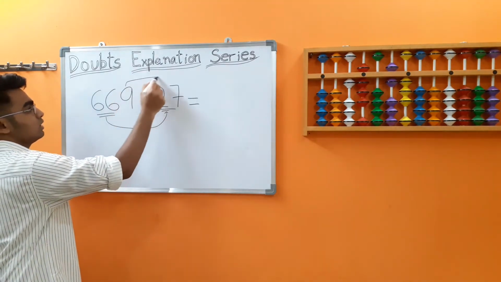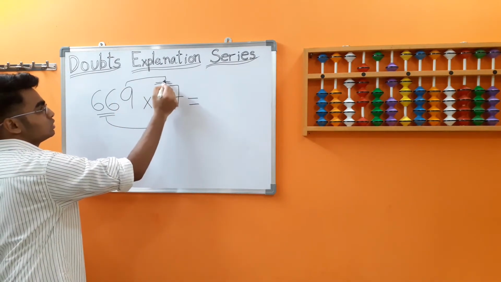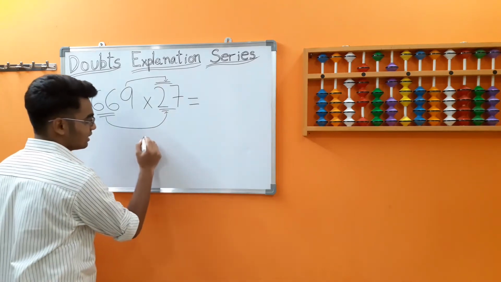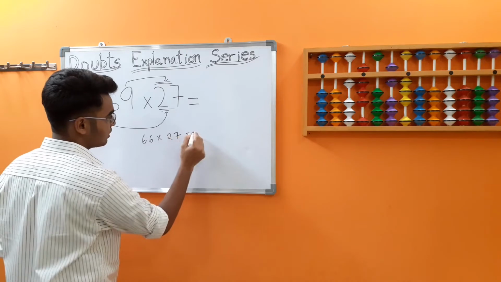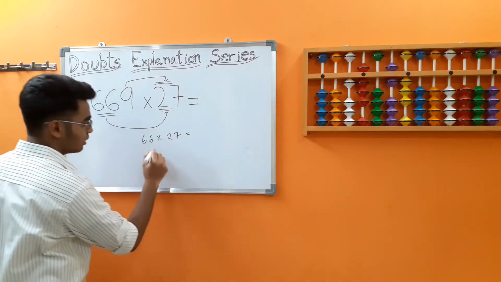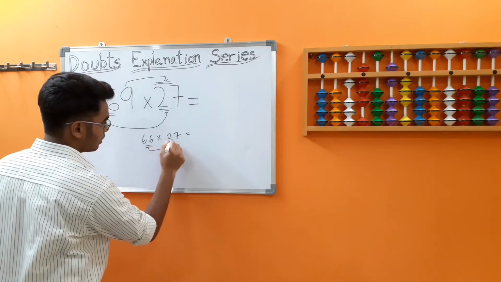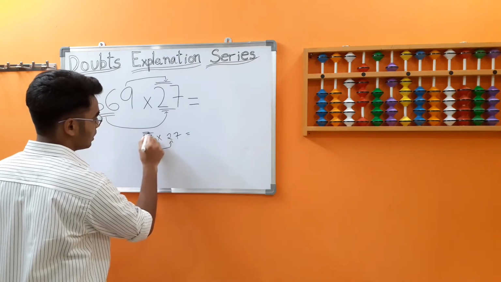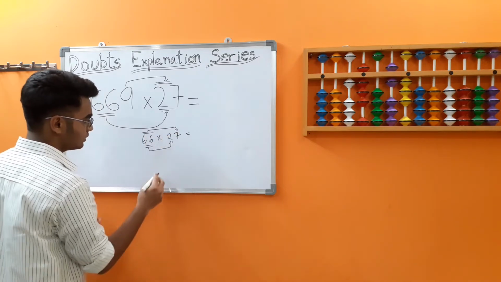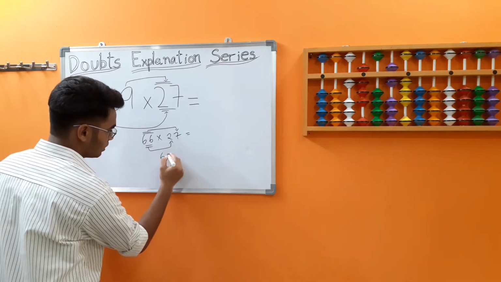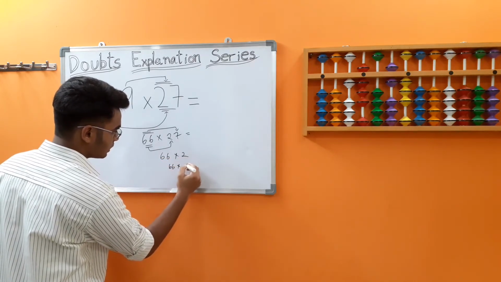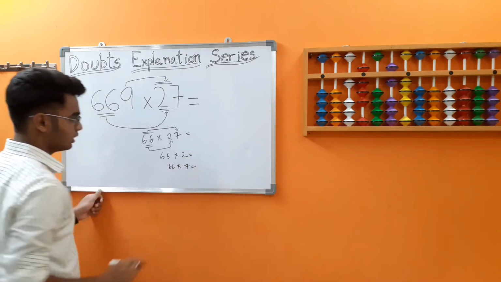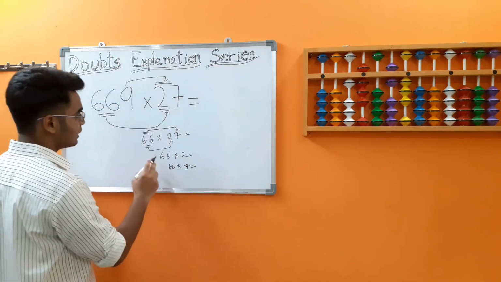Next part would be 9 into 27. 66 into 27 will be further broken down into 66 into 2 and 66 into 7. Let me write it down here. 66 into 2, 66 into 7. Let's start with this.